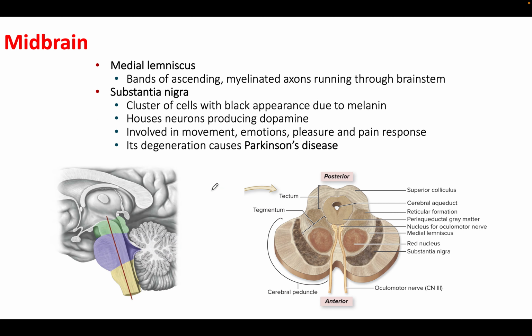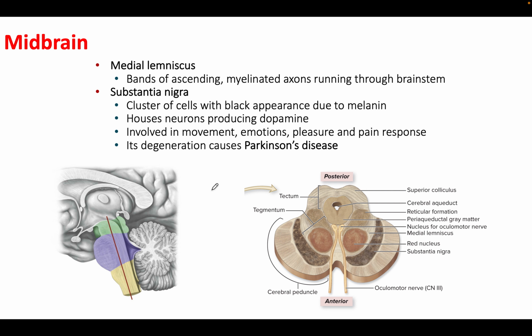We also have something known as the medial lemniscus. We'll talk about the medial lemniscus whenever we do some more sensory discussions in the next lecture. But the medial lemniscus is part of what's called the dorsal column medial lemniscus pathway. And this is an ascending pathway. And anytime we're talking about ascending pathways, we're talking about sensory information, right?